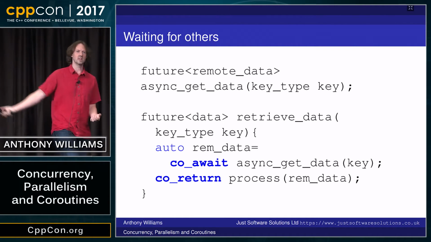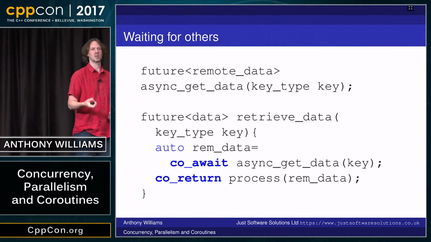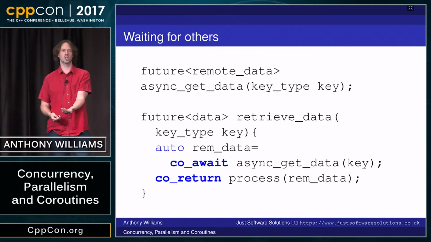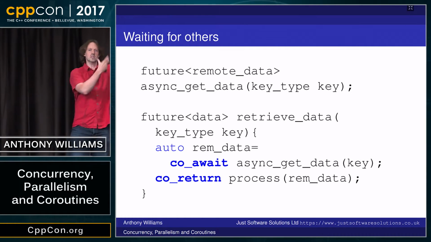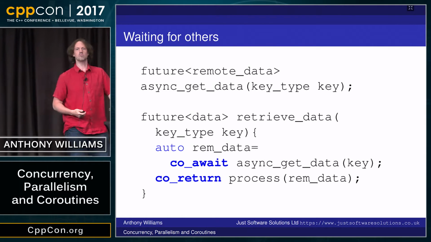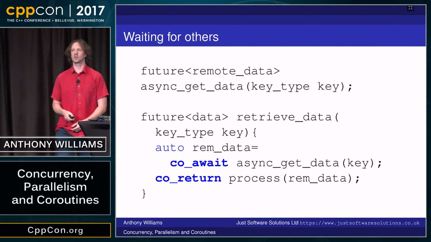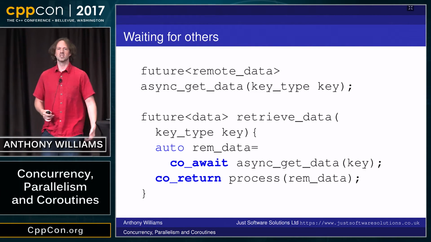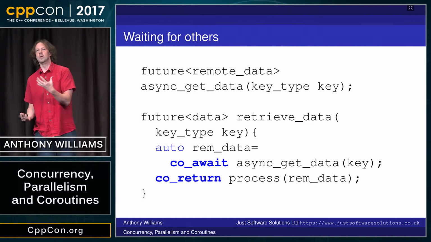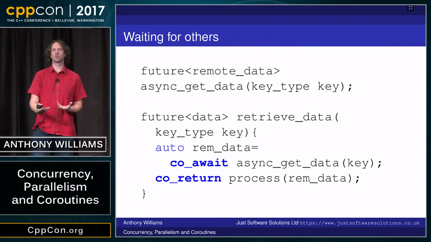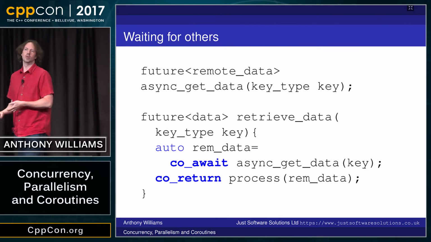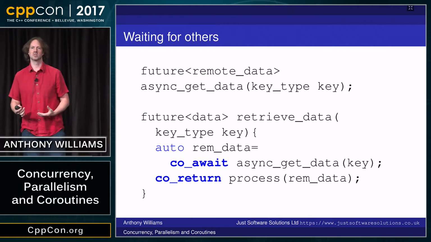And when the coroutine is finally finished and the data has been returned with that co_return call, then the future will become ready, and the code that's waiting for it will finally return. So this provides a means of meshing coroutines with code that uses futures, like from standard async or from a standard promise.